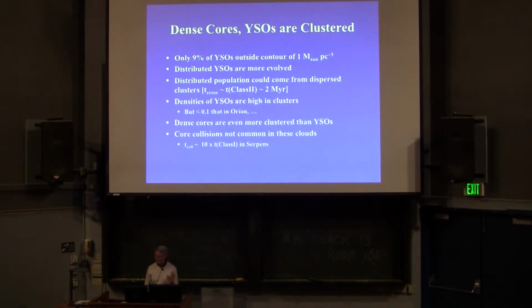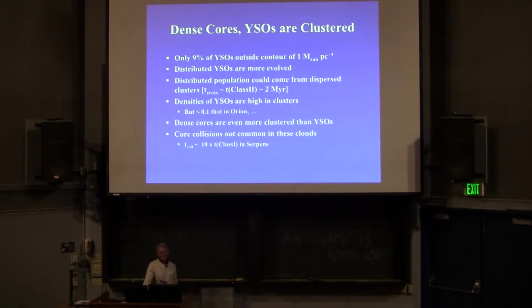The dense cores, that I talked a little bit about yesterday, are even more clustered than the YSOs. So the younger the phase you look at, the more clustered they look. Now, one of the questions we'll talk about later is whether cores form stars kind of in isolation. So if you're forming a cluster, it's made of a whole bunch of cores collapsing to make individual stars, or whether there's a much more dynamic thing in which they're fighting for some general gas.